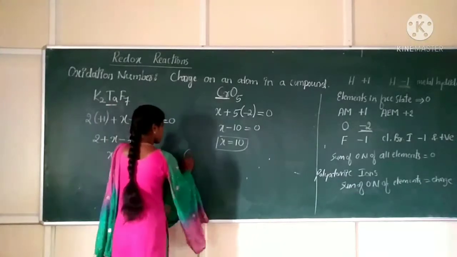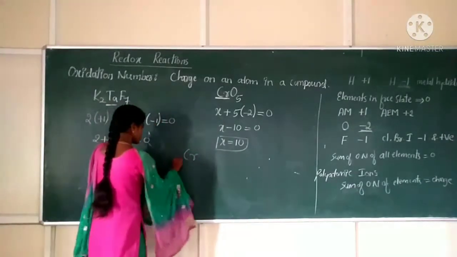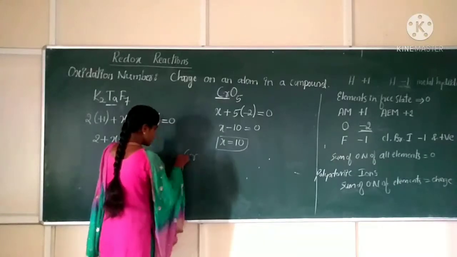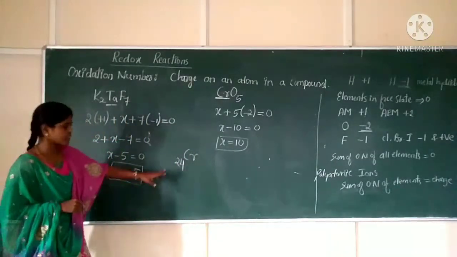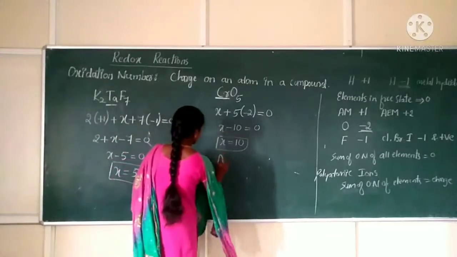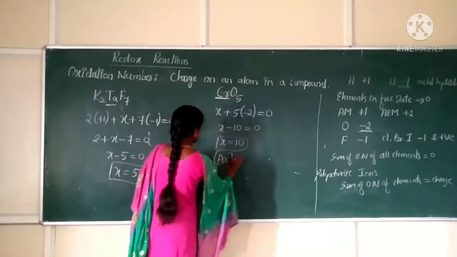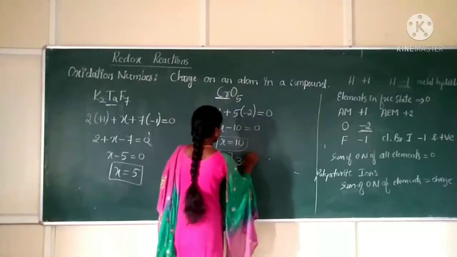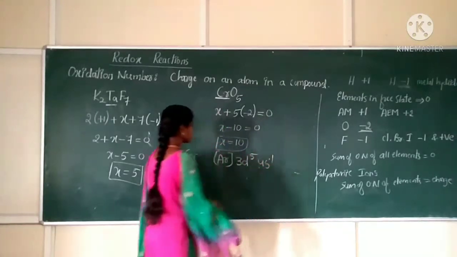Look at here. The atomic number of chromium is 24. So when you write the configuration, it will be argon 3d5 4s1.